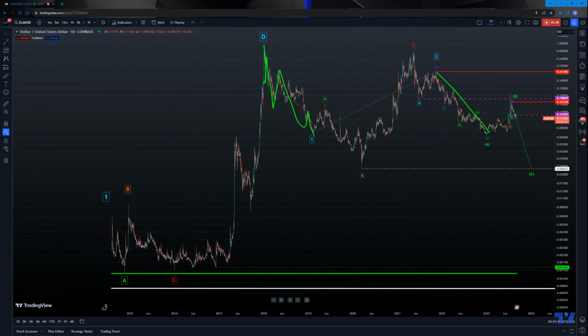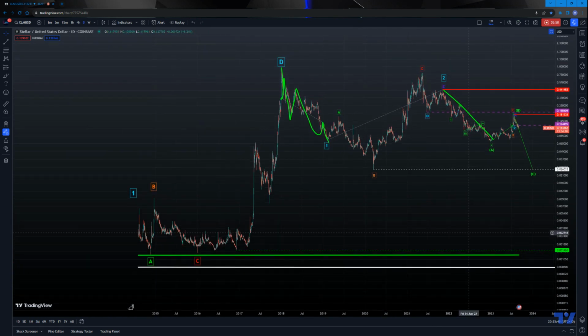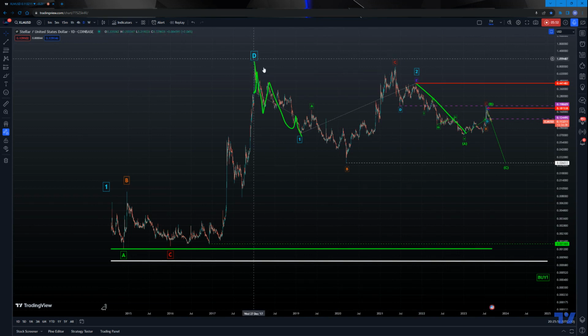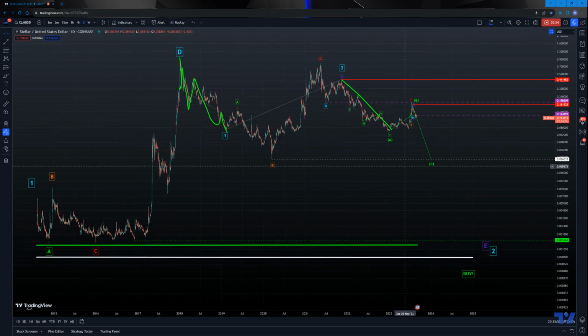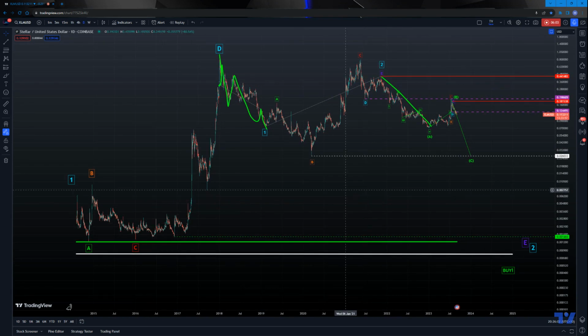And in terms of the bigger picture, that was what I'm talking about here. After that high is wave E, which is the last move down in wave 2. So what that means is that, basically I believe that there's going to be a massive bull run coming after this.